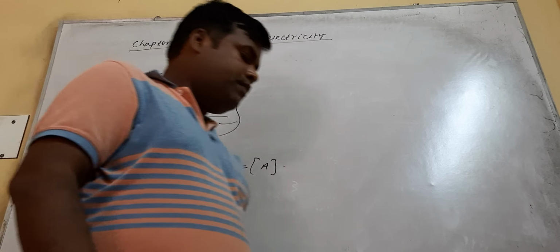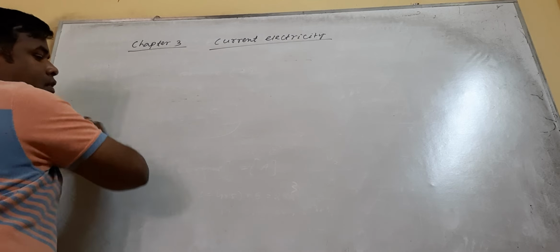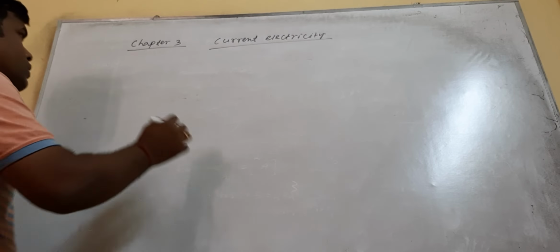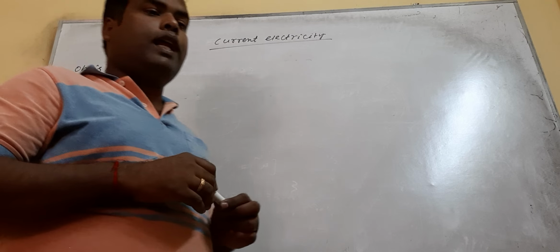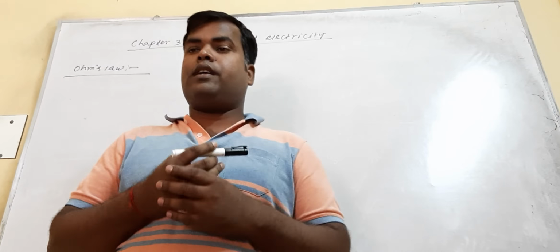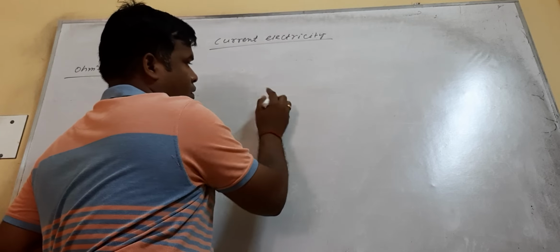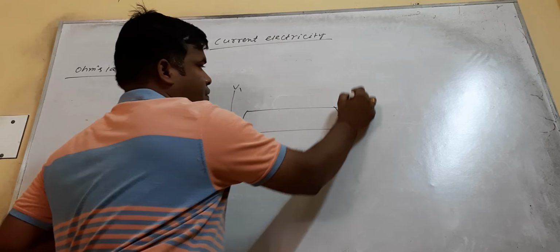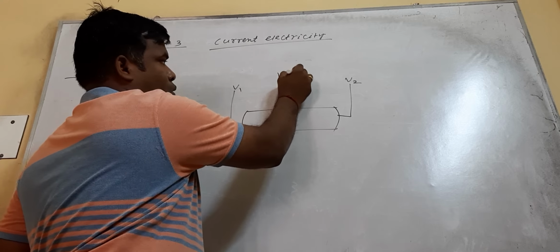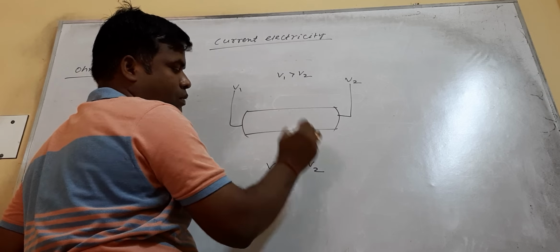Now come to Ohm's law. What is Ohm's law? You remember the current flowing through a conductor, it is a conductor, let its ends be V1 and V2, let V1 be more than V2, let V is equal to V1 minus V2.